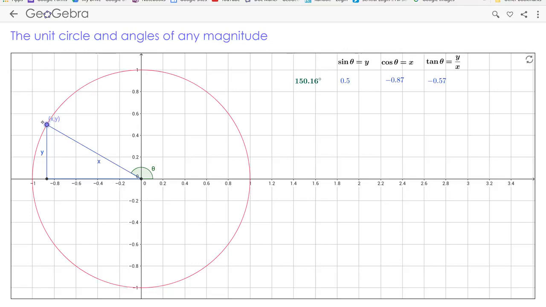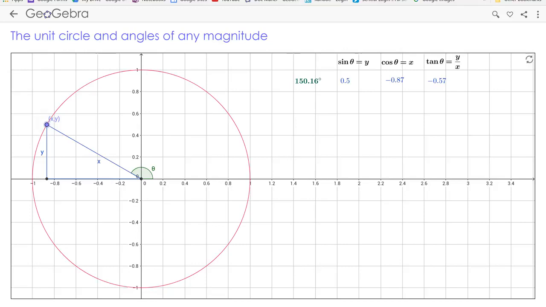Now we should recognise that as the same value as sine of 30, and therefore we can see that if we're measuring 150 out here as the angle, that corresponds to an angle of 30 degrees inside the triangle. So when we say that we're trying to find sine of 150, what we're really doing is finding the sine of 30 in the second quadrant. And we always measure these angles with regard to the horizontal.